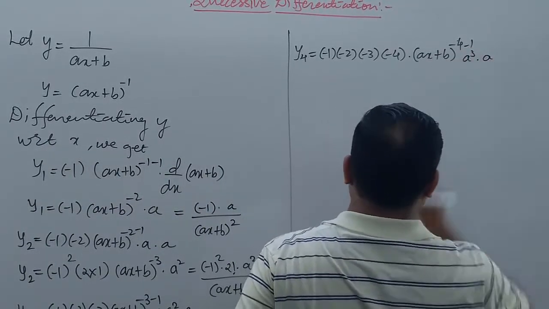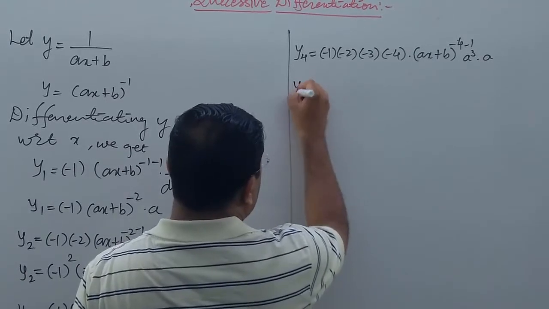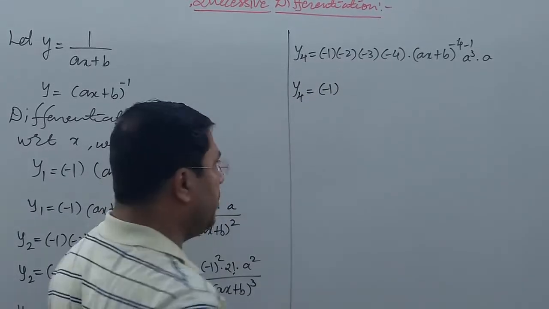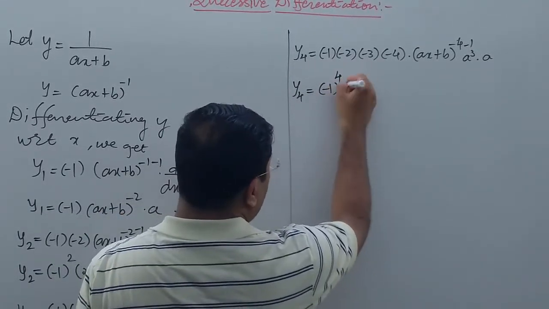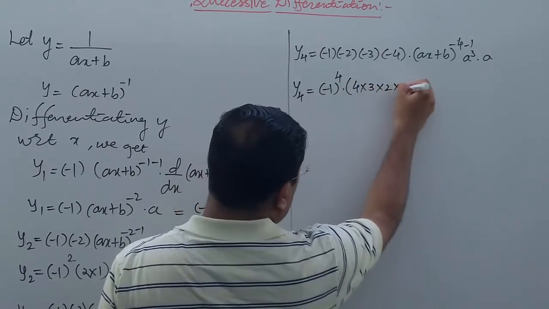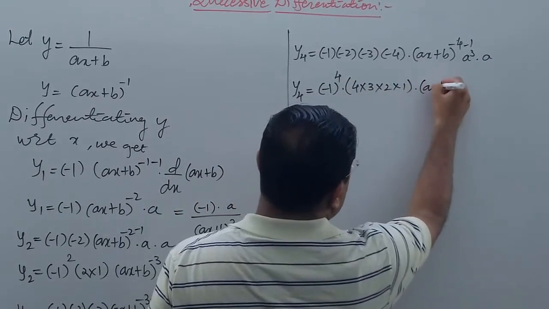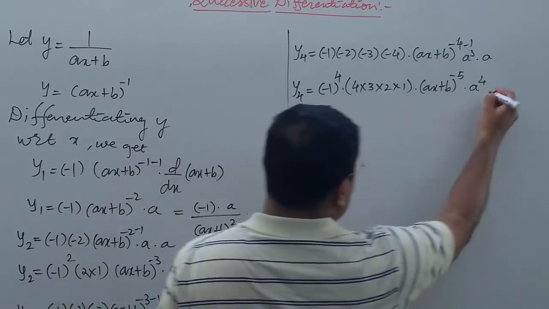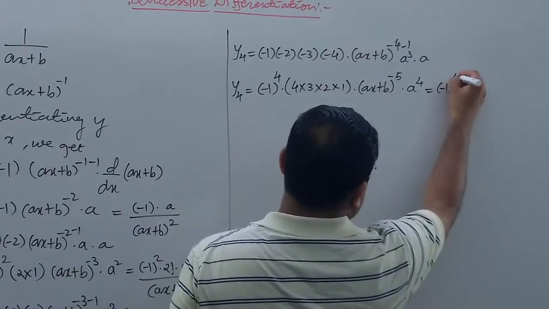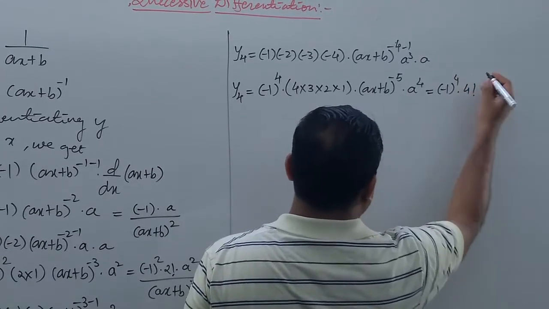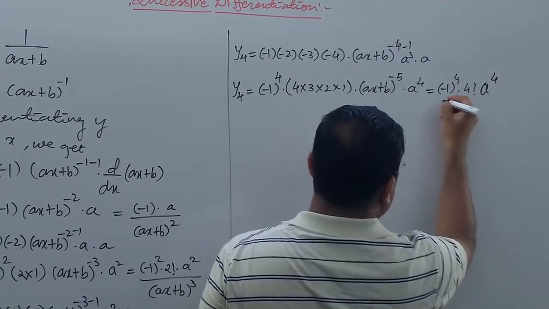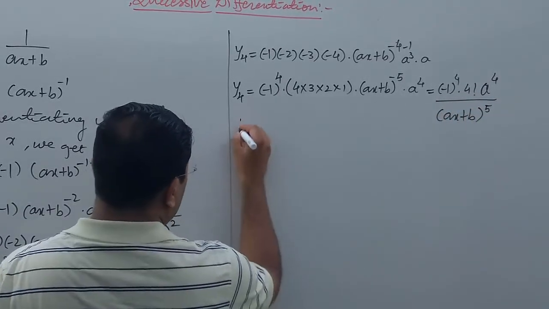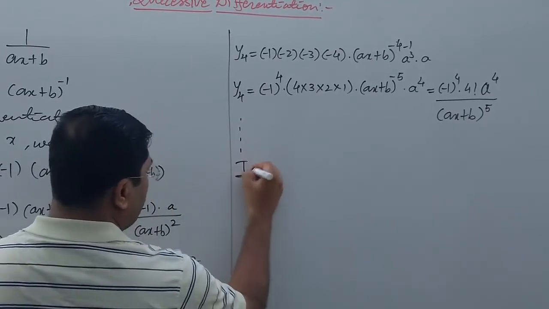Again the derivative of the inner term gives a. Simplifying, taking minus 1 common from each bracket, y4 is equal to minus 1 raised to 4 into 4 into 3 into 2 into 1, (ax plus b) raised to minus 5, and a raised to 4. So we write this as minus 1 raised to 4, 4 factorial, a raised to 4 upon (ax plus b) raised to 5. This way we can proceed, and then we write in general.